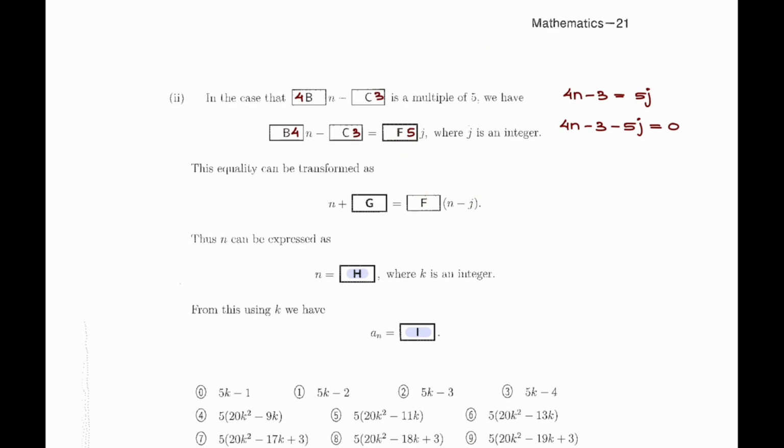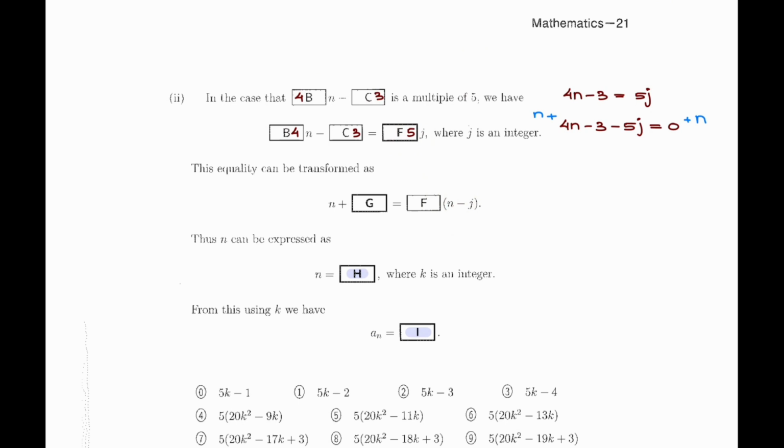And then since I factorize f here, f is 5, you can imagine 5 times n, you should have 5n, but in your equation you only have 4n. That means I can add both sides by n. I will add 1n here and 1n there.